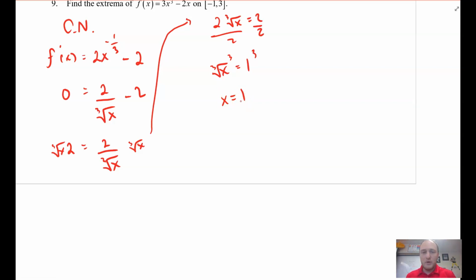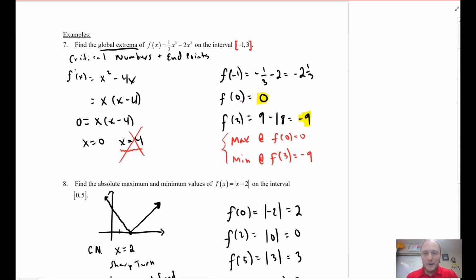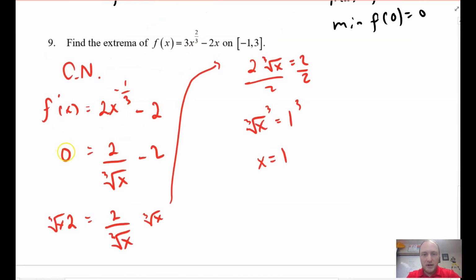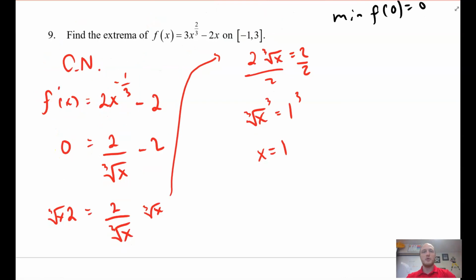The other type of critical values, right, you set it equal to 0, or you say, okay, where is my function undefined? And if we look at this example, when you're talking about rational expressions or equations or functions, you can't have a denominator 0. So we say, okay, what value will make that denominator 0? And then therefore it's undefined there.